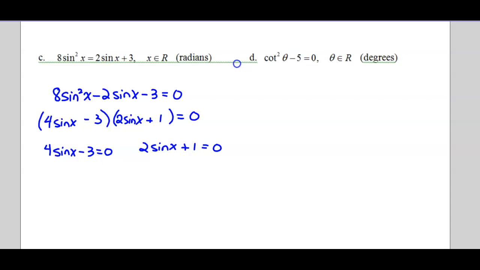So one of these you'll need your calculator, the other one you don't need your calculator.